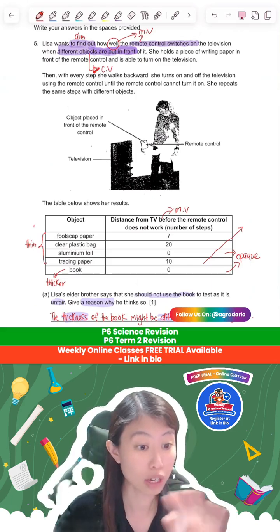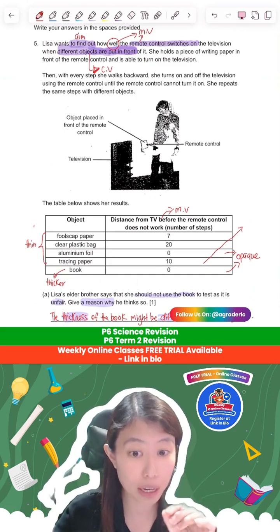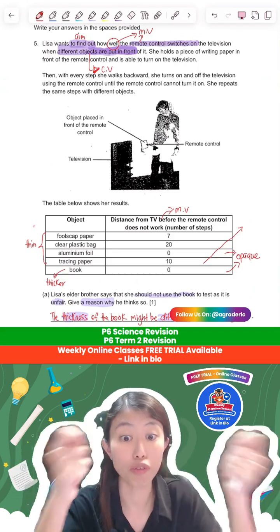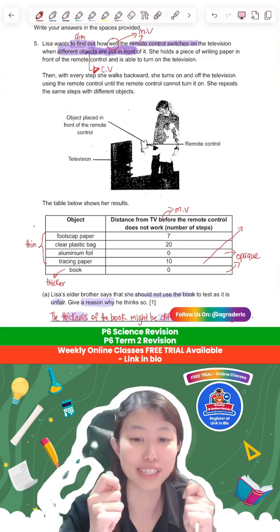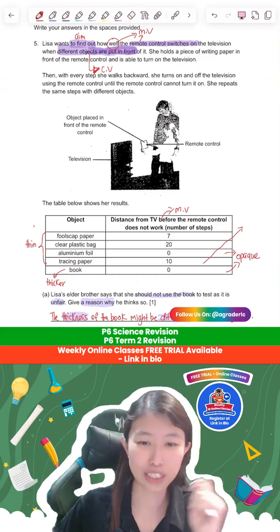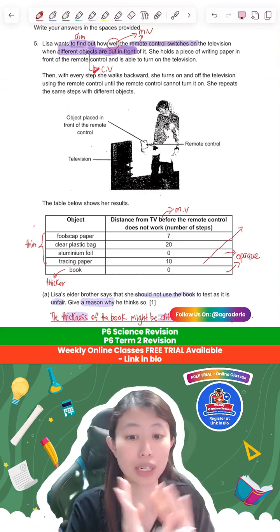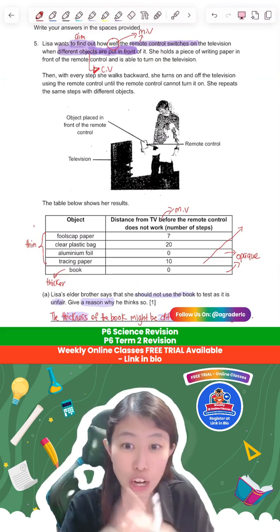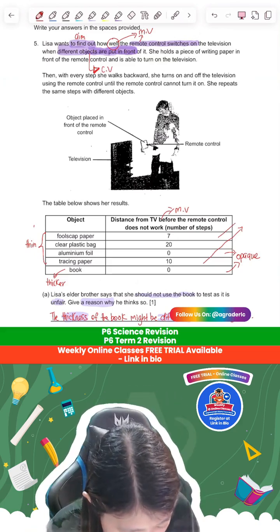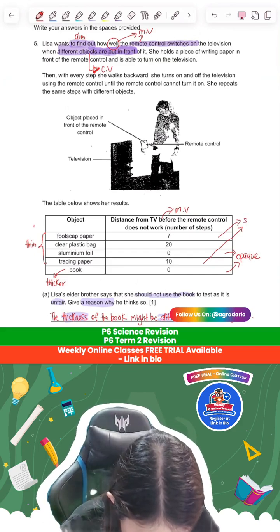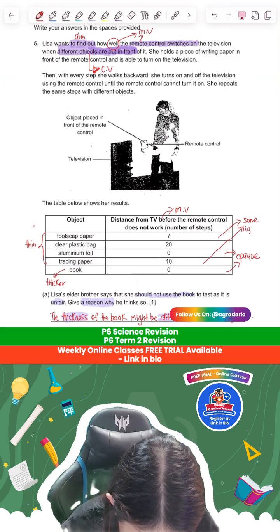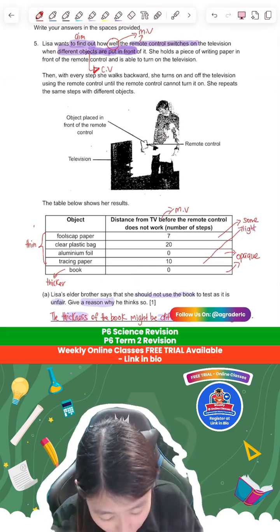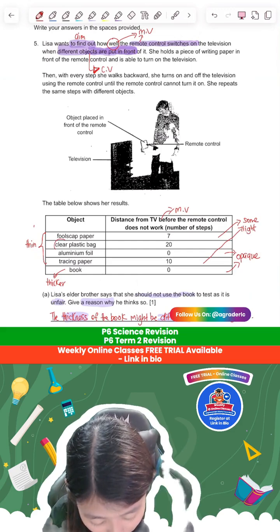Not most. If most light could pass through tracing paper, people could see your face behind it. People just see the outline of your head only. Good, foolscap as well allows some light to pass through. The one that allows most light to pass through is your clear plastic bag.